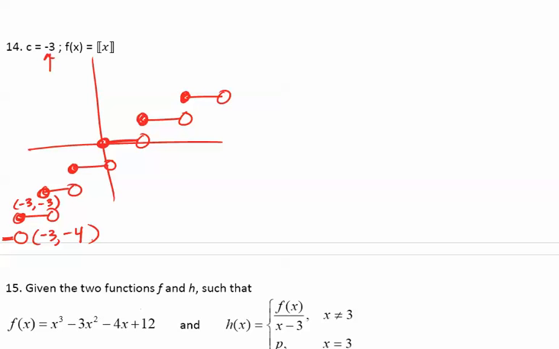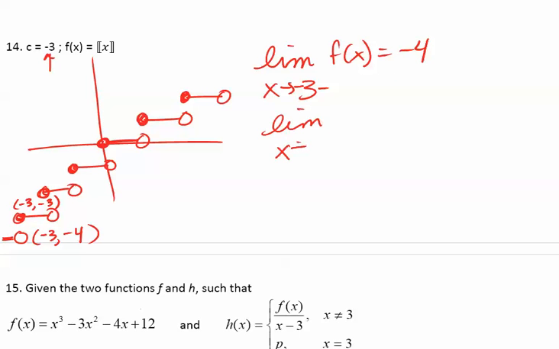So it is continuous from the right side, but it is not continuous from the left side. So if you were going to explain, you'd say the limit as x approaches -3 from the left side would be -4, and the limit as x approaches -3 from the right side is -3. So there is a jump discontinuity.